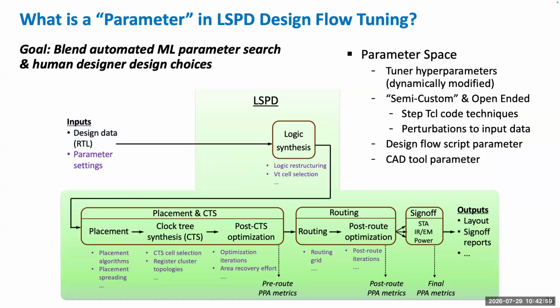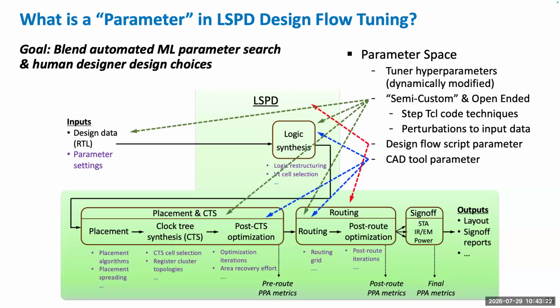But let's get into what even a parameter is and try to step away from that closed move regime and think about what an open move tuning system would do. We can walk through the parameter space. So we have CAD tool parameters. We have flow script parameters, perhaps parameters in the flow script itself that aren't within the CAD tool.